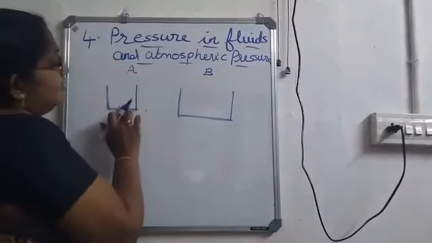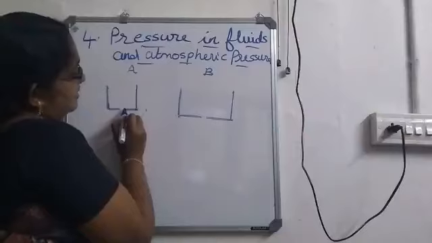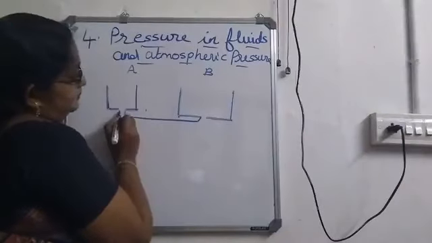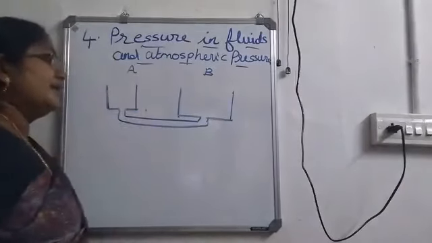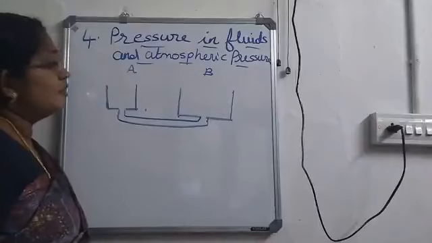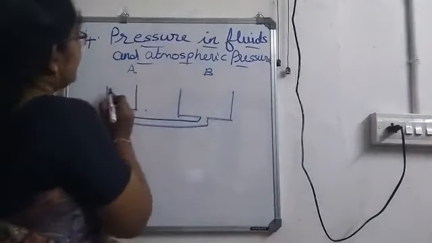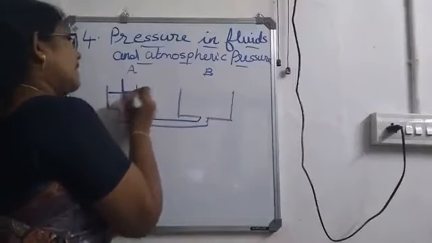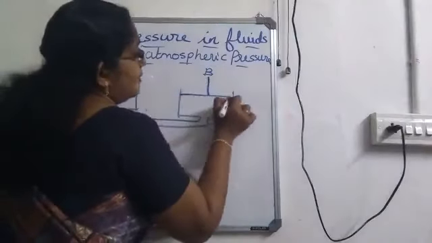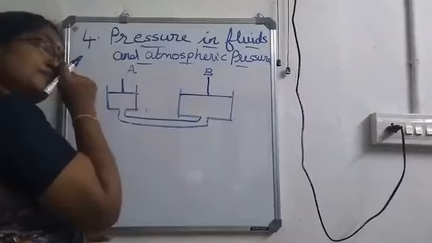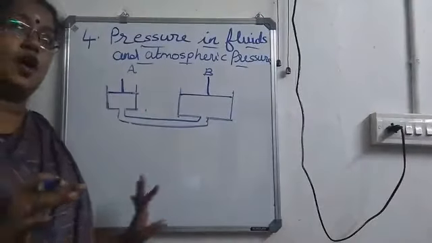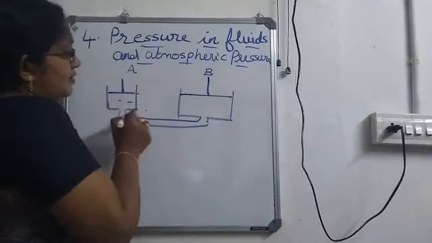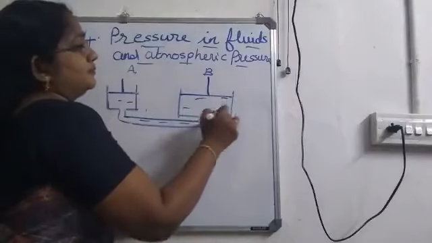Now, these two cylinders are connected using a pipe, so that both cylinders are connected, and then we keep a piston in each. We have the pistons P1 and P2 at the top, and it is filled with water.